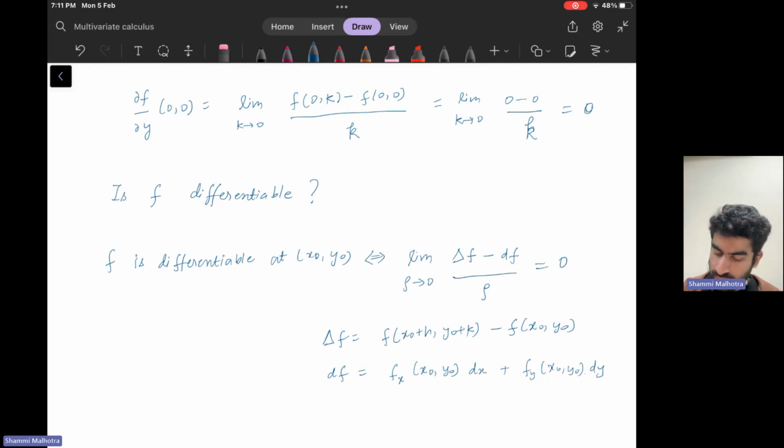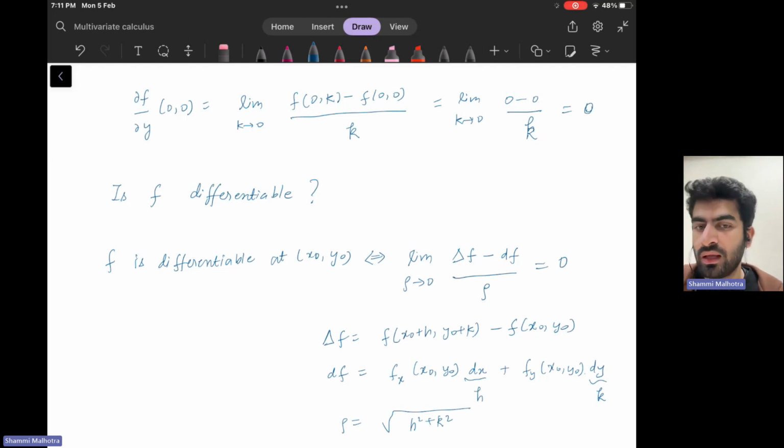Here the changes I'm considering are h and k only, so this will be h and this will be k. And finally rho is nothing but square root of h square plus k square. So this is the equivalent definition of differentiability in higher dimensions. To check differentiability, I just have to calculate this limit. So let us calculate this limit.